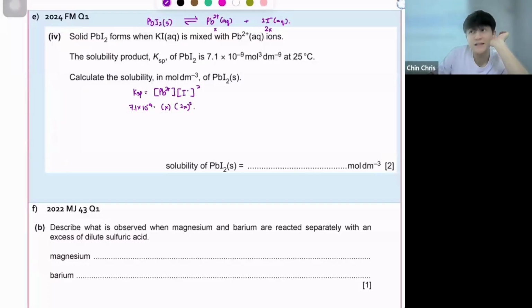Don't ask me why 2X, because it's 2 I minus, okay? So X is equal to 1.21 times 10 to the power of -3. Okay, check your answer.